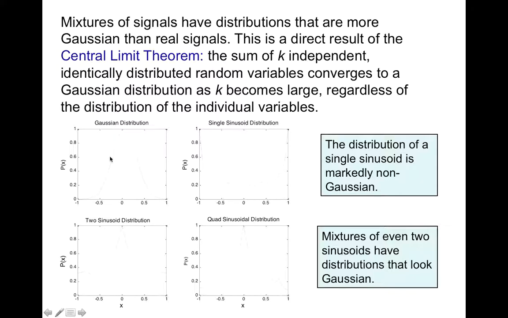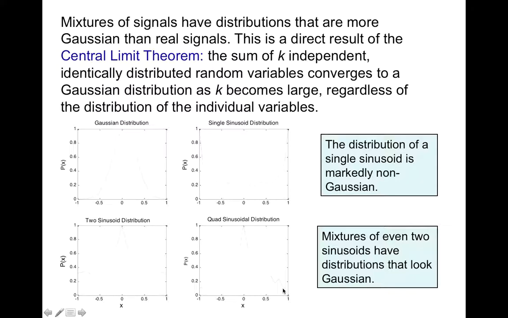For example, the distribution of a single sinusoidal function is very non-Gaussian. Here's a Gaussian distribution, and here's the distribution function of a single sinusoid. You can see they're quite different. But even two sinusoids mixed together begin to approach a more Gaussian distribution, and with four sinusoids mixed together, even more so.